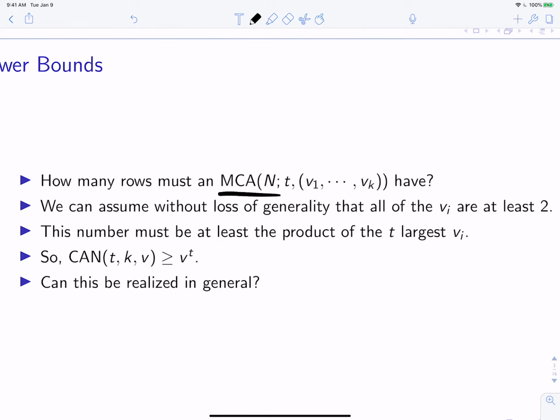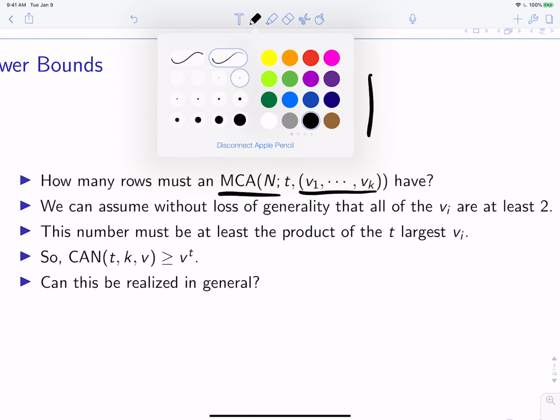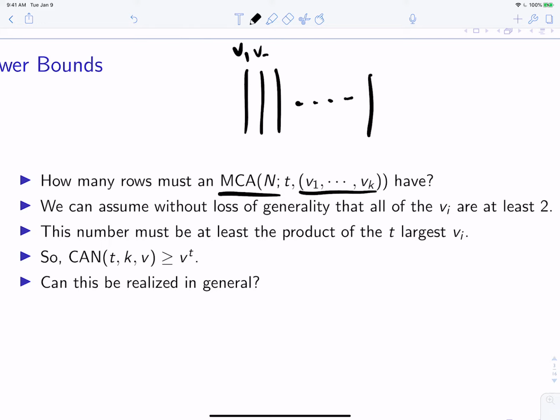If I have values v1 through vk, let's say we have an array that looks like this. There are v1 values in the first column, v2 in the second, v3 in the third, up to vk.